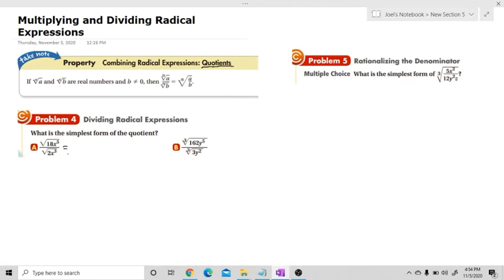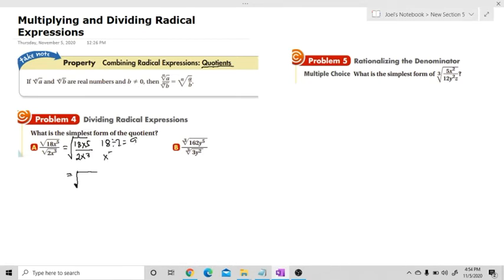We can express the square root of 18x raised to the exponent 5 all over 2x cubed as the square root of 18x raised to the exponent 5 all over 2x cubed. Then, the next thing we will do is divide. 18 divided by 2 is equal to 9.